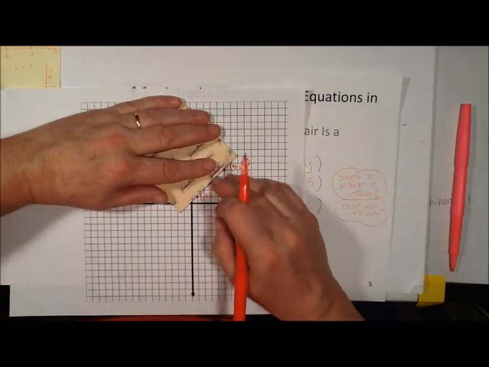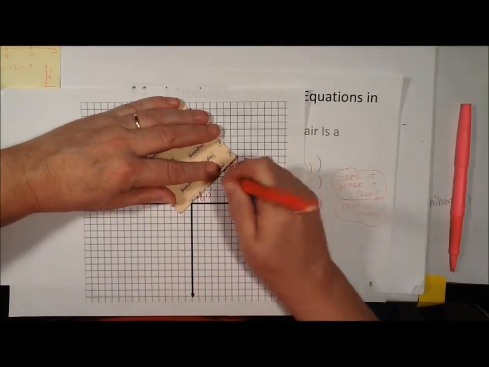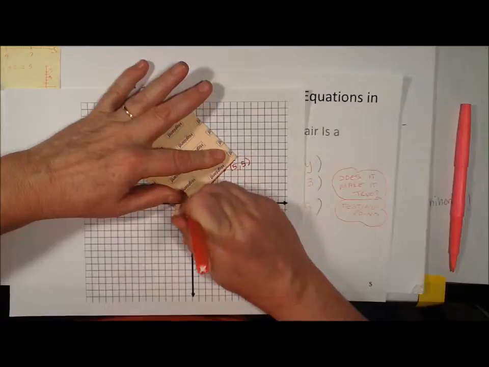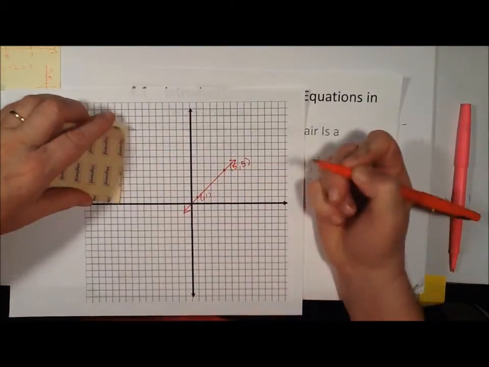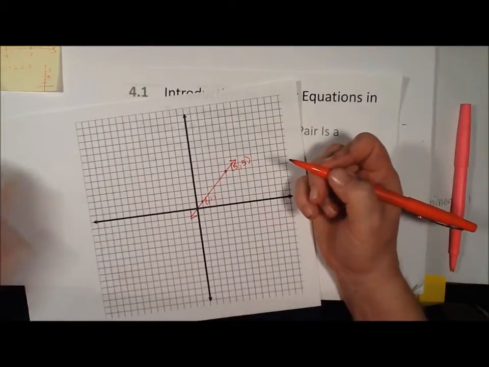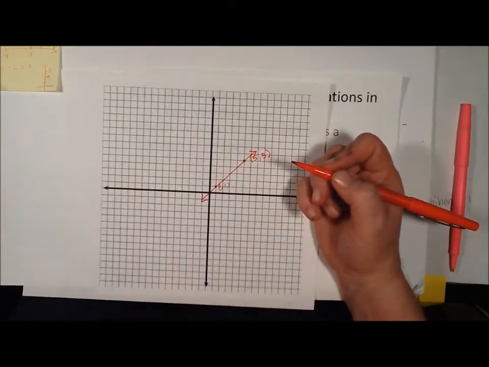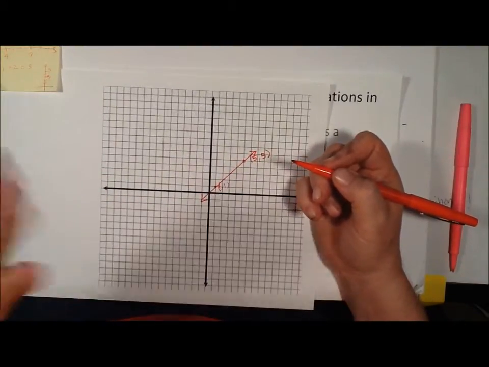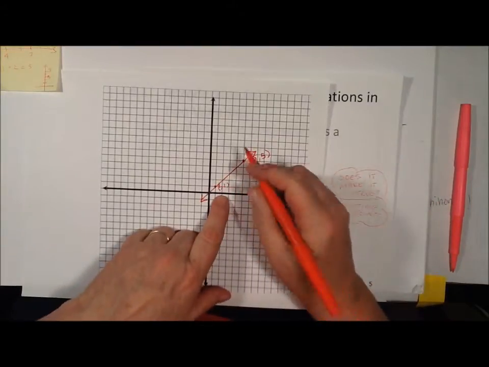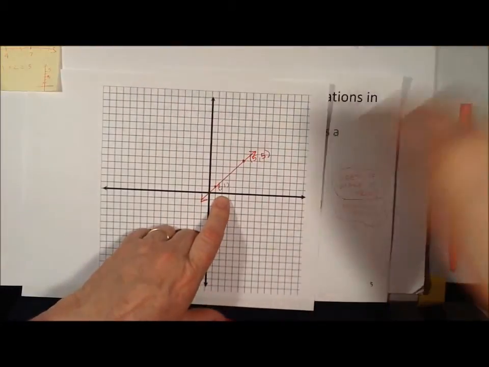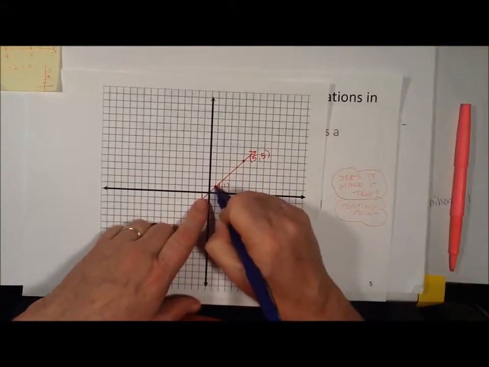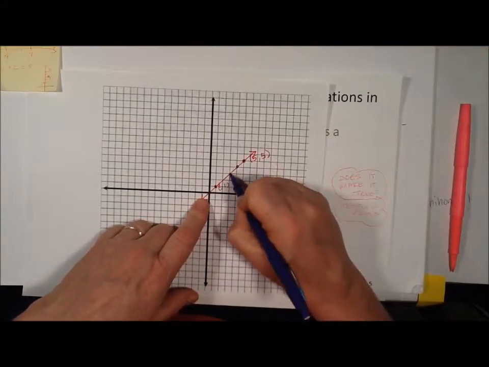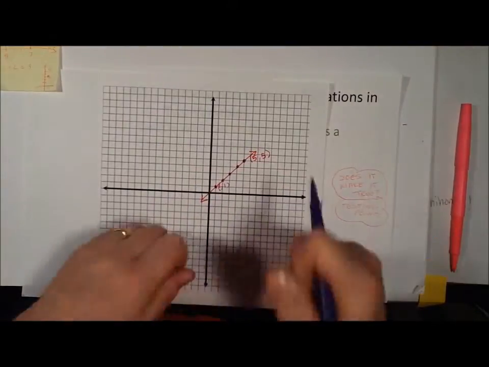And one of the things that I've always found is that drawing the graph depends on how precise you are. So you have to be careful. I really suggest, if you can, using a straight edge, just because it makes you more honest and it's more reliable. But this is a line, and every single point on this line, and remember, every line is made up of all these little points squished together.